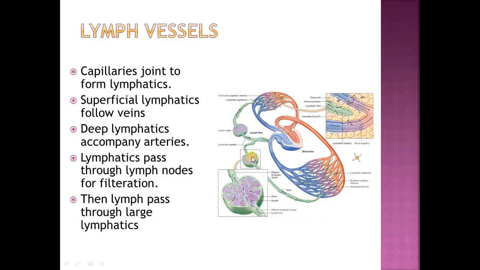And not only that, these lymph nodes also produce lymphocytes, which are again added to the lymph fluid. So the lymphocytes which are produced enter into the lymphatic vessels, and from there they enter into the bloodstream, and the reverse also takes place. So smaller lymphatics join to form larger lymphatics, and finally they drain into the venous system.